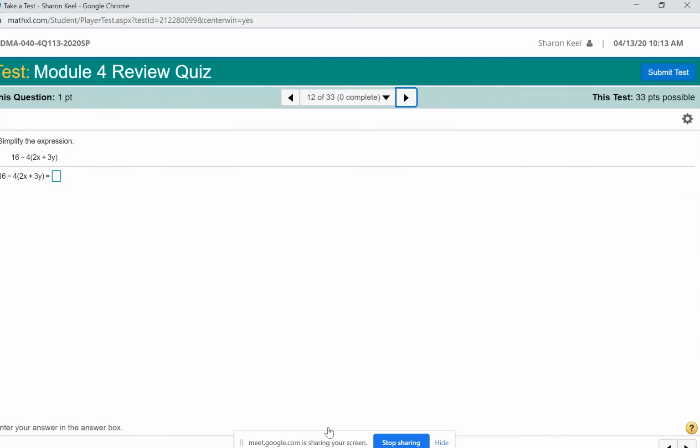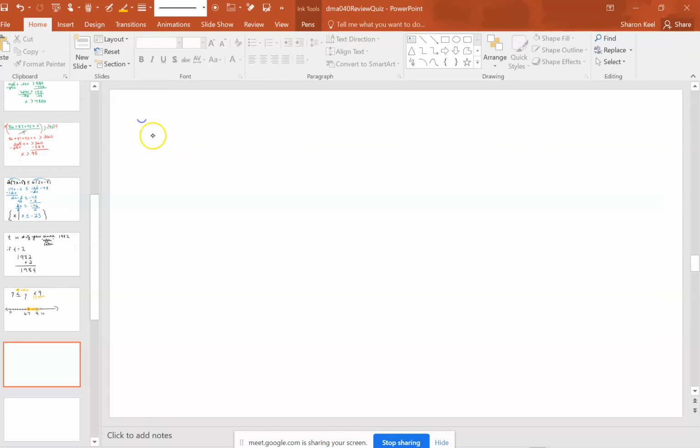Simplify this expression: 16 minus 4 times the quantity 2x plus 3y.